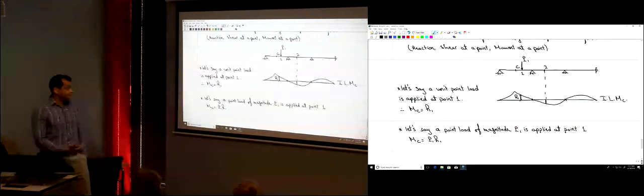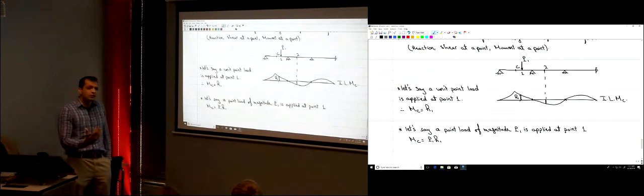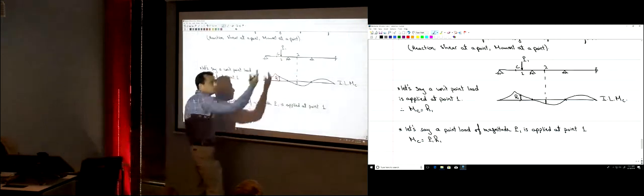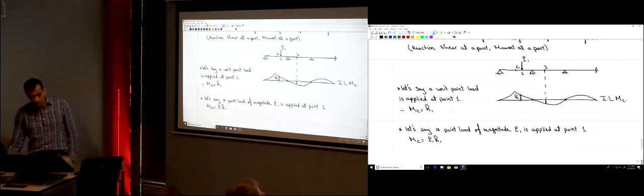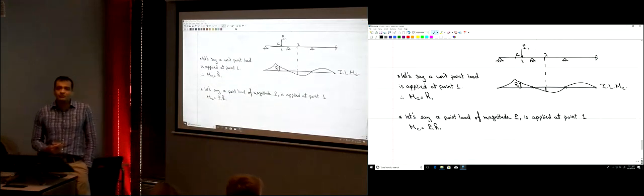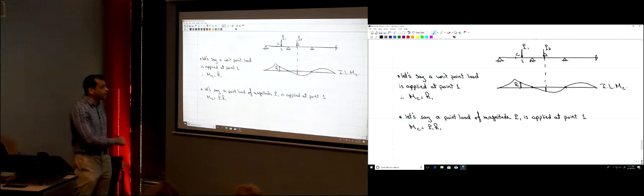So I can still use the influence line for any load, even if it's not a unit load. Just multiply the ordinate by the magnitude of the load. But what if I have a set of loads, not just one? Let's say now I have a load P2 in addition to P1.